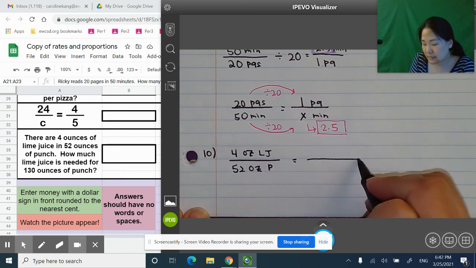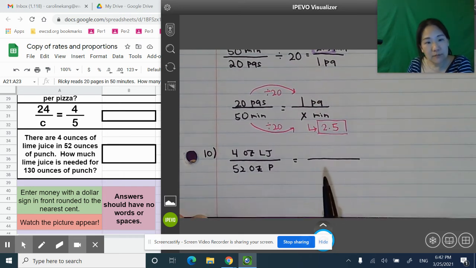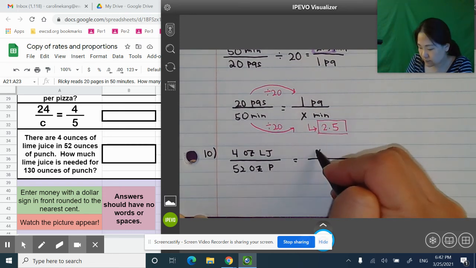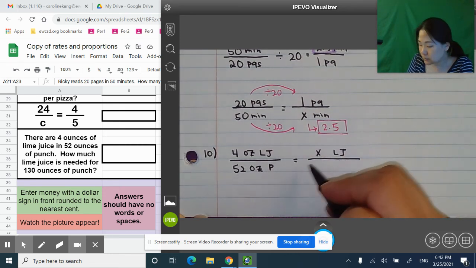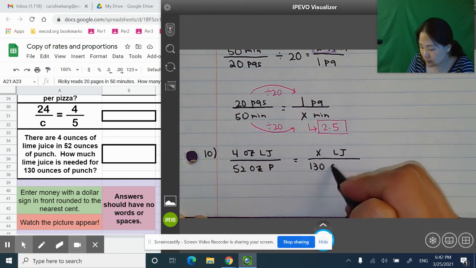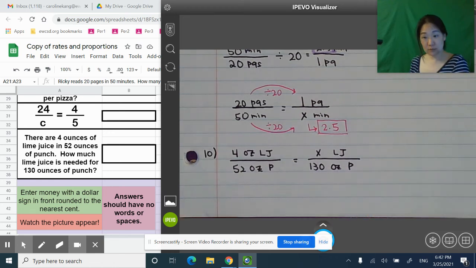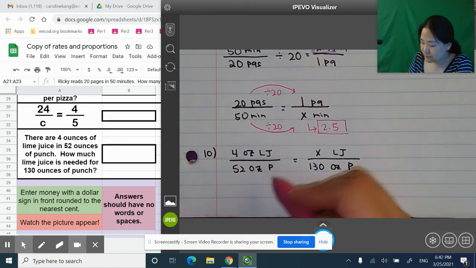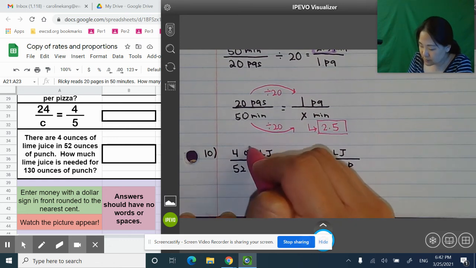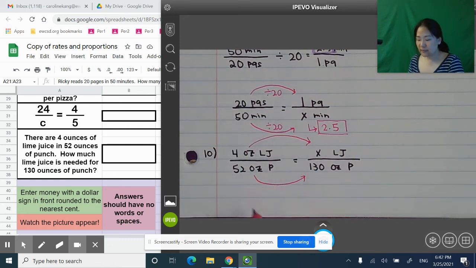And I'm going to set it equal to how much lime juice? So X lime juice for 130 ounces of punch. That's the setup. Now, solving towards a variable, I need to find out 52 times what gives you 130.